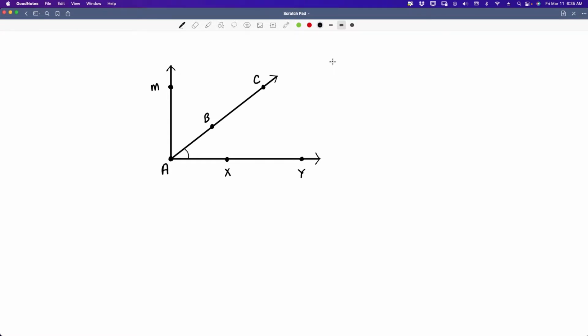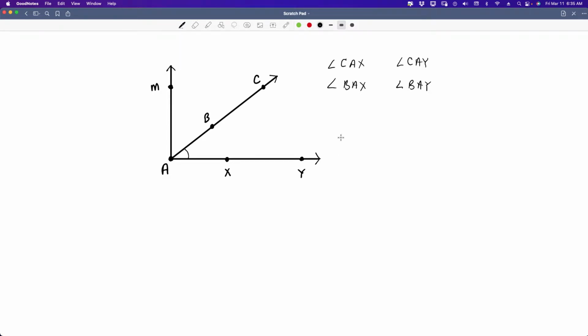So we can name it angle CAX. We could also name it CAY. We could name it BAX. We could name it angle BAY.